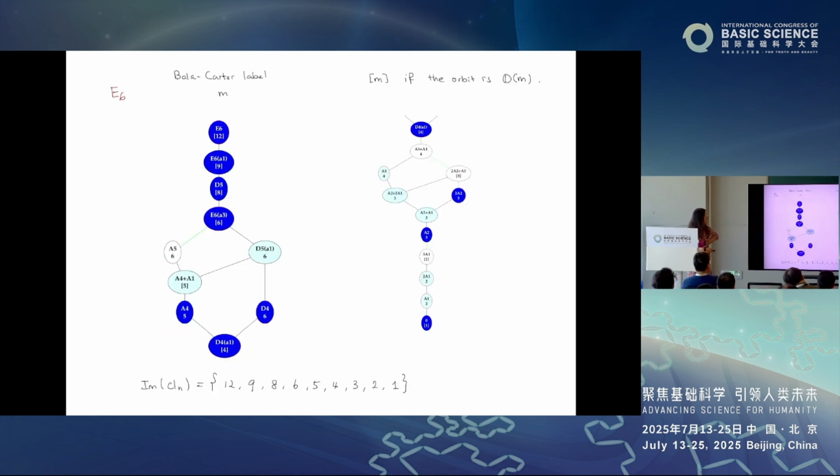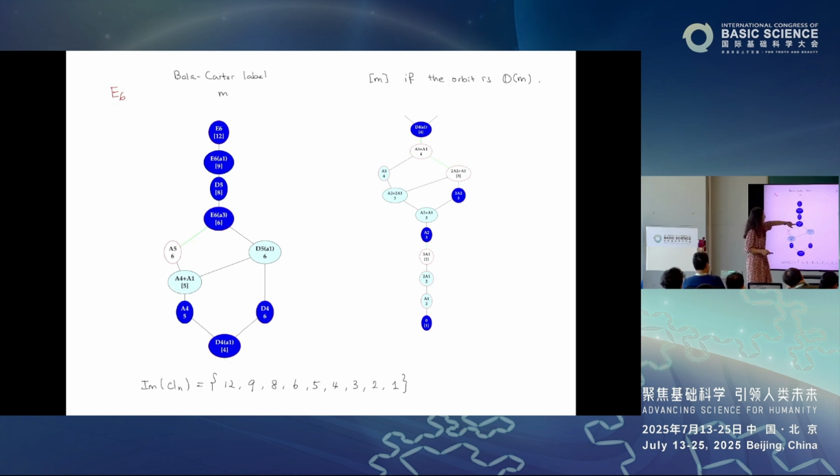And then if you read the paper, there is a table for the exceptional types. For example, I copied here the case for E6. I have to separate it into two parts. The top part is the Bala-Carter label of the orbit, and the number on the second row is their image under the cyclotomic map.